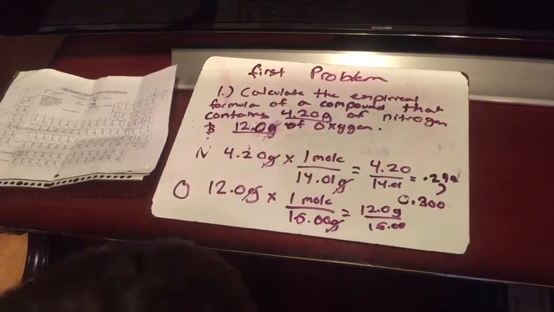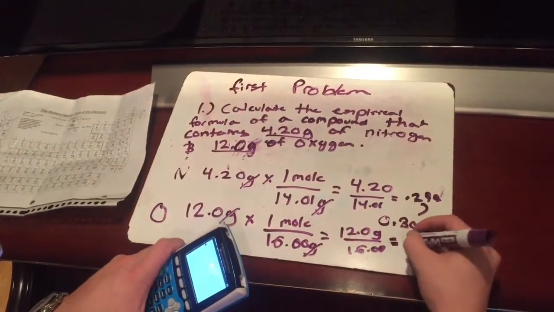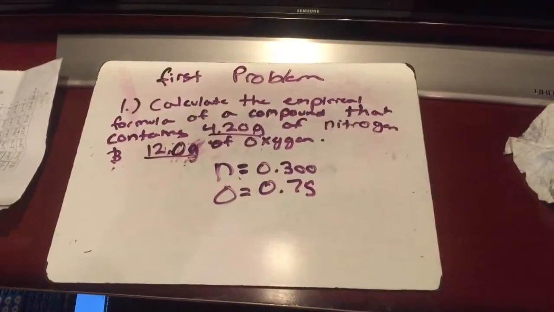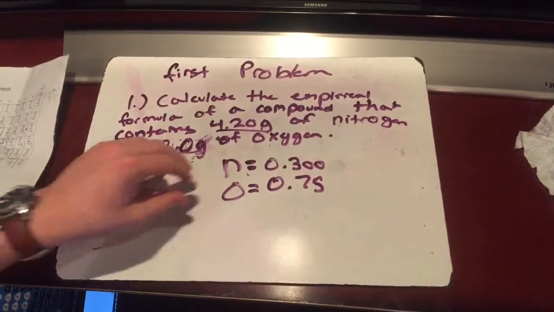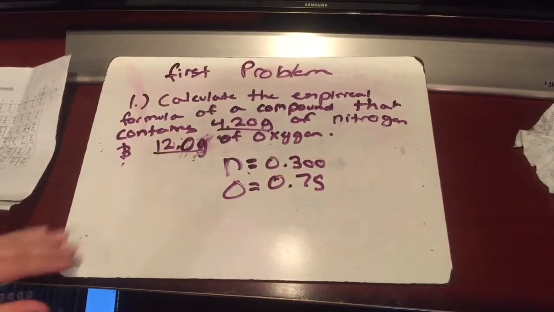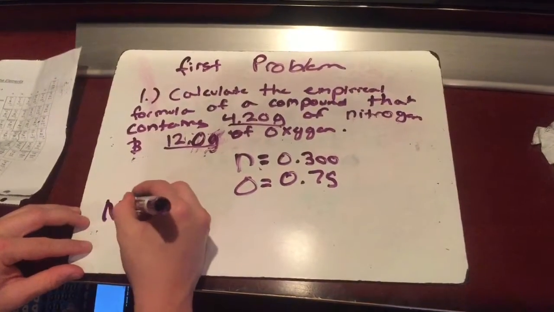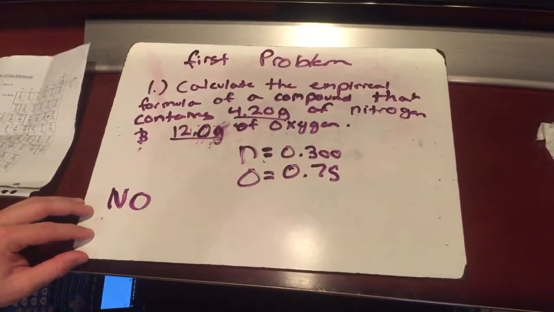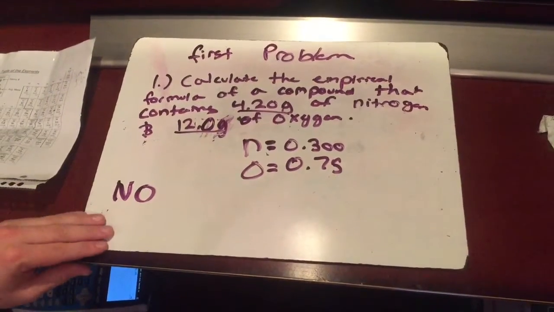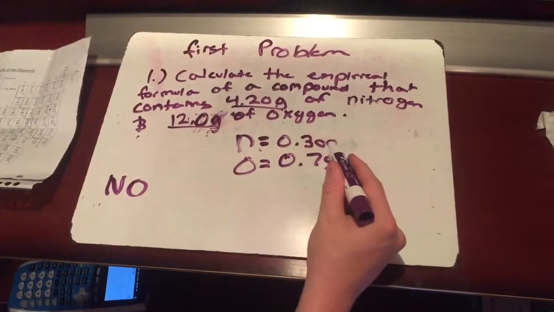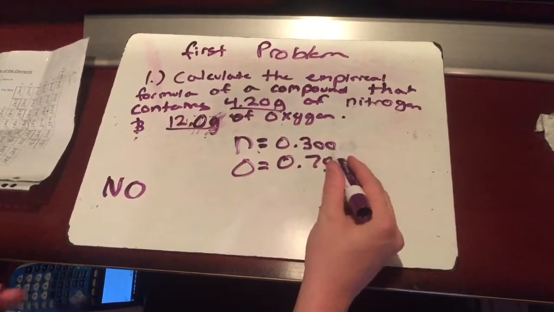If you put that in your calculator, it should give you 0.75. Okay, so after you've solved these, you want to put your answers aside for a second. Now you're going to write your compound out, which would be NO. After you have this, you want to take your smallest number, which would be 0.30.